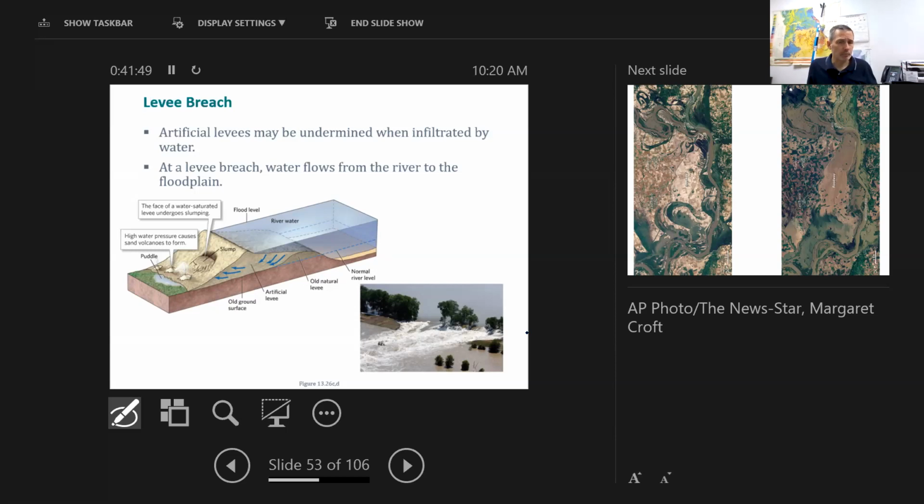And this way, the entire structure was built, and it was built to a little bit higher standard, which meant it didn't flood. The downside of this is when we do have these heavy rains, in some cases, we can actually choose where the levee breach is going to occur.